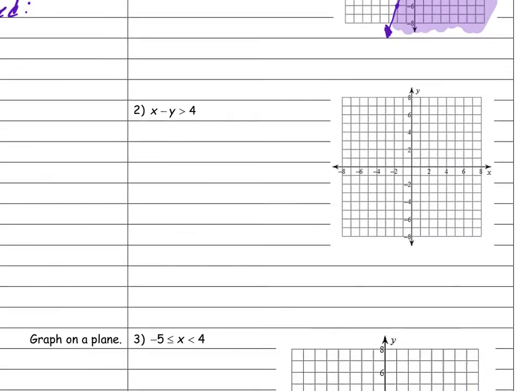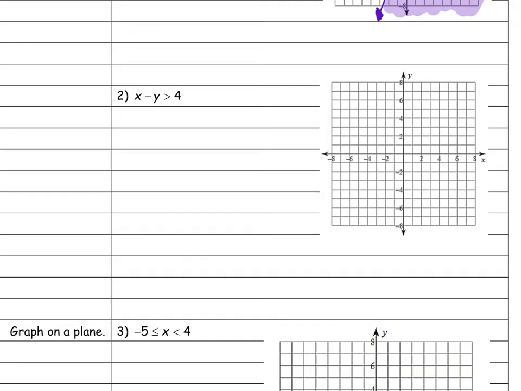Problem number 2. We're still doing exactly the same thing. I need to solve for y equals mx plus b. So this one I have to solve for y because it's not by itself. So I'm going to subtract x from both sides, and I get negative y is greater than negative x plus 4.